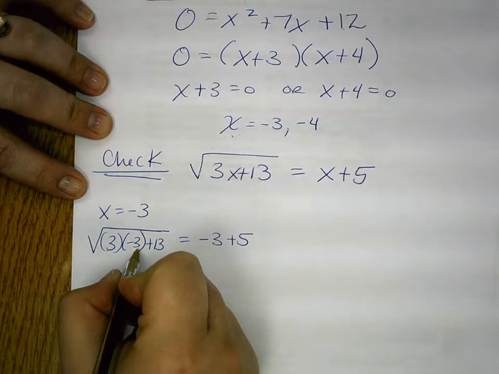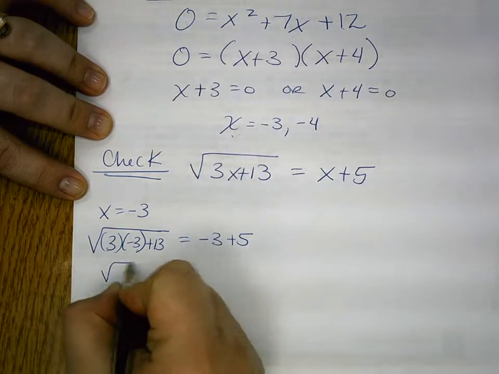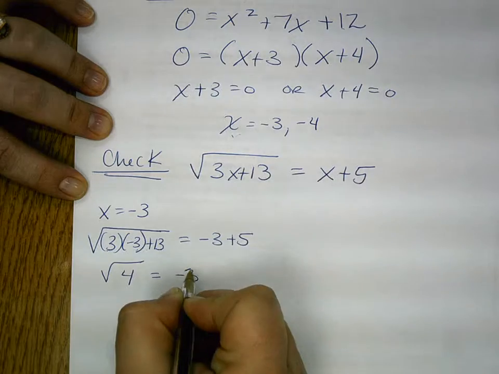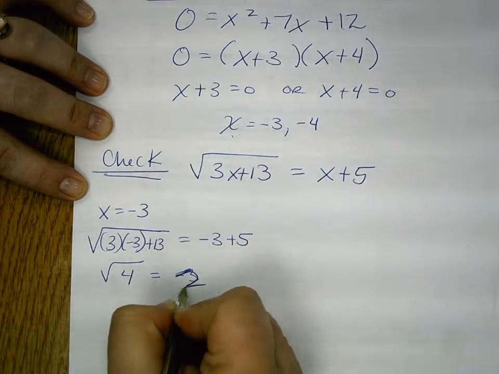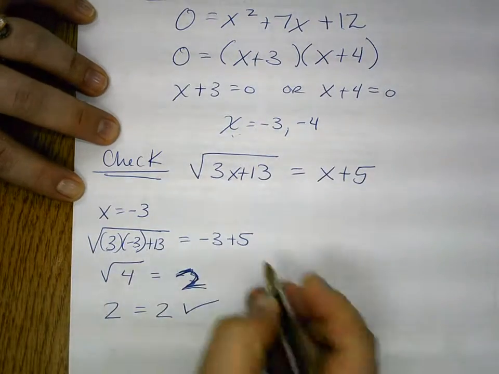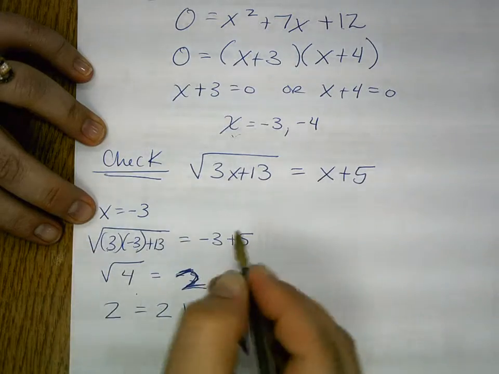Three times -3 is -9, plus 13 is 4, so the square root of 4 equals 2, and 2 equals 2. So x equals -3 checks out as a solution.